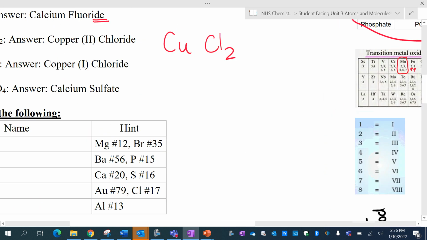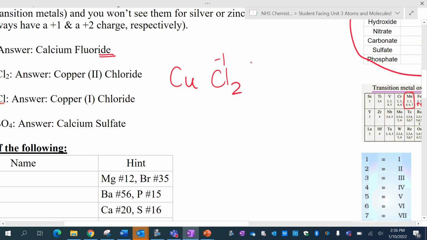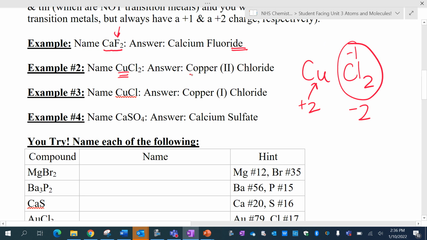So if this is a -1 and there's 2 of them, what is canceling out a -2 charge? This copper must have a +2 charge. So we would write copper Roman numeral 2, which stands for +2, chloride. We still change the ending to "ide."